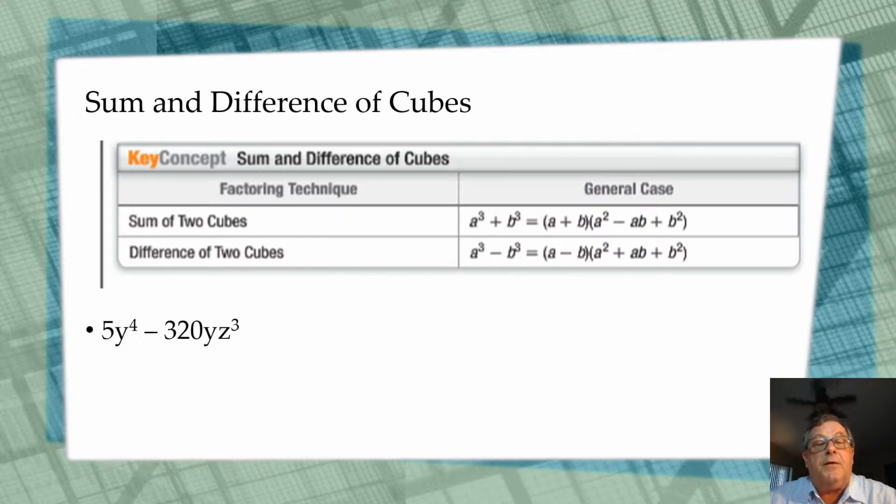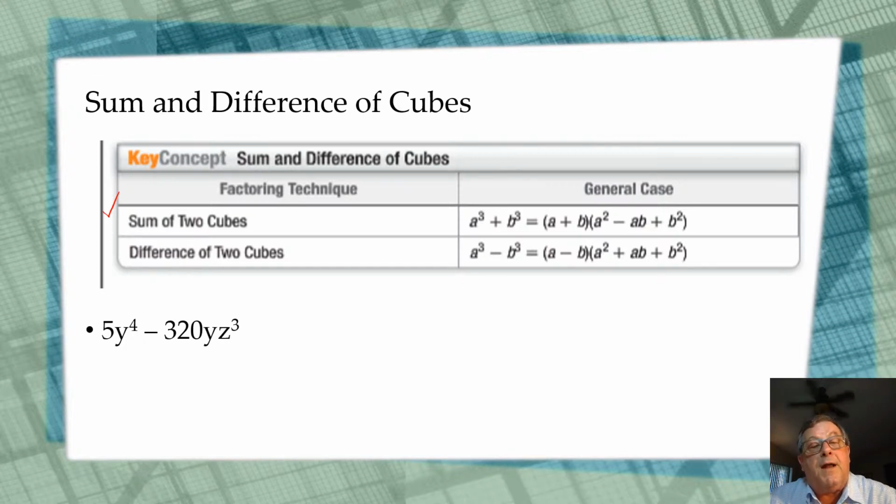You can see here that if we have the sum of cubes, a cubed plus b cubed, we can actually factor that into a plus b times a squared minus ab plus b squared.